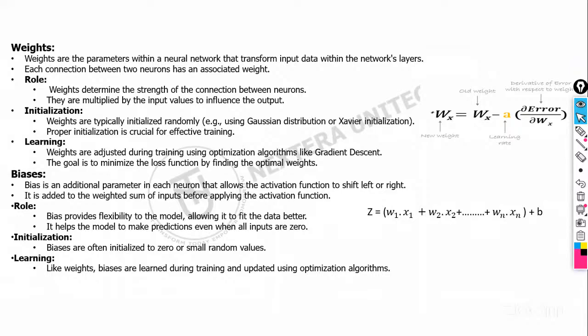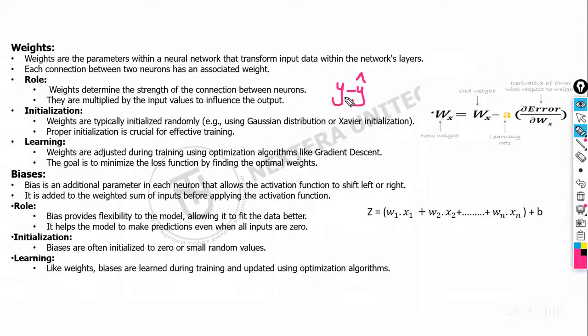So what happens exactly? Once after getting the output, the loss gets calculated, and the main aim of a neural network is to minimize the loss. So how is loss calculated? Loss is calculated using y minus y hat. What is y? y is nothing but your actual output, and y hat is your predicted value, right?